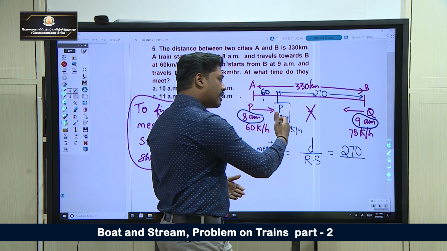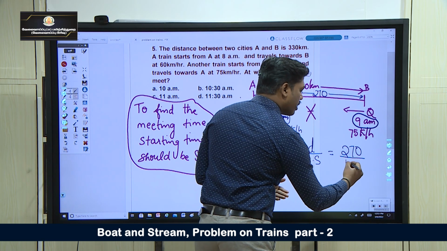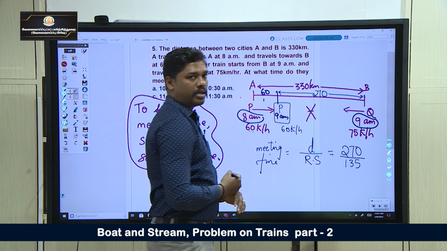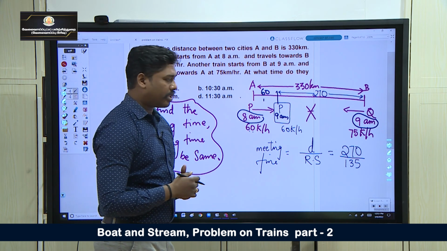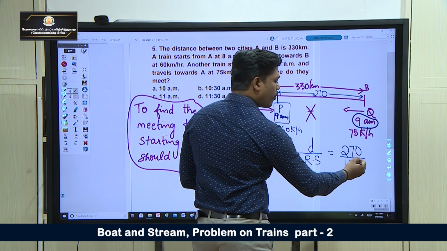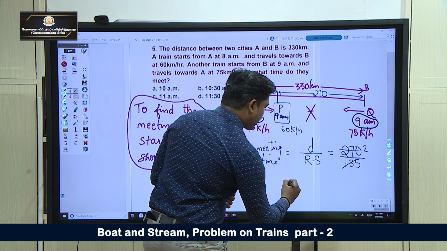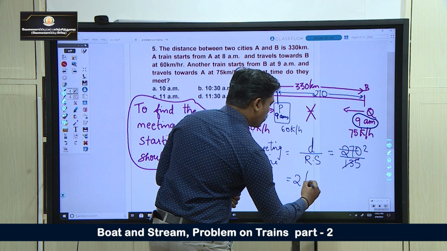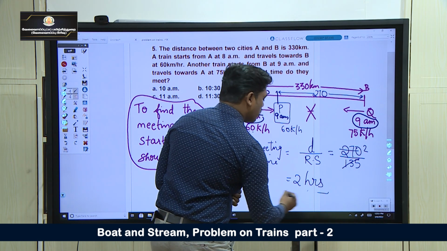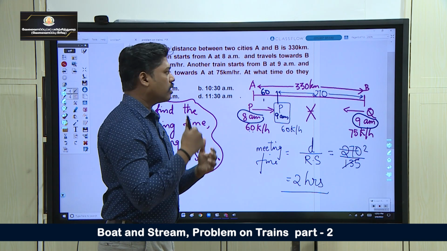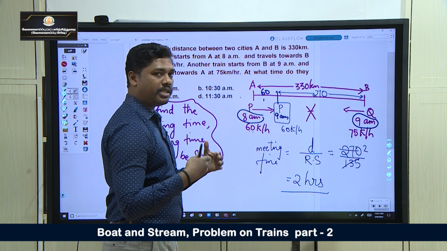So add 60 plus 75, you will be getting 135. 135 one time, it is 2 times 270. So time is 2 hours, which means after 2 hours the two trains cross each other, or two trains meet.